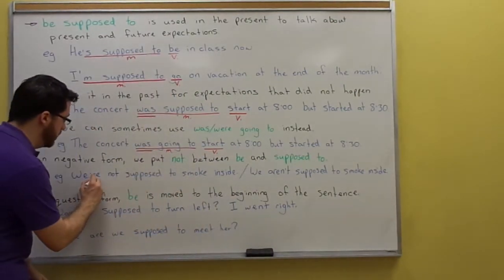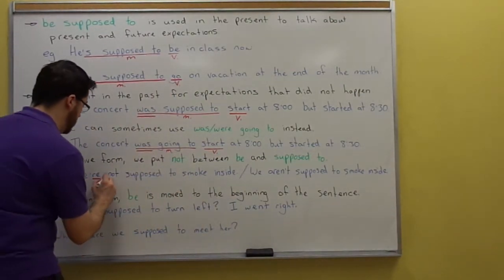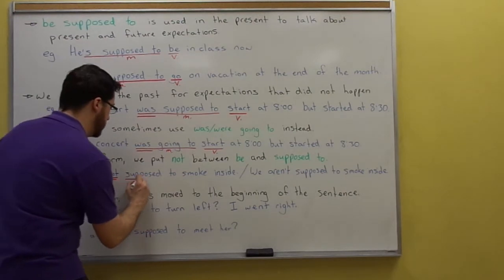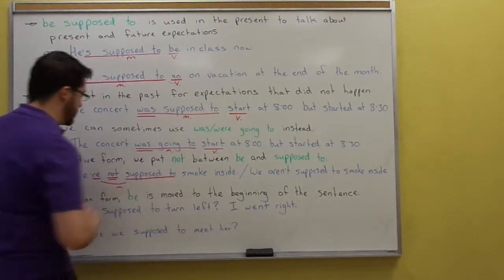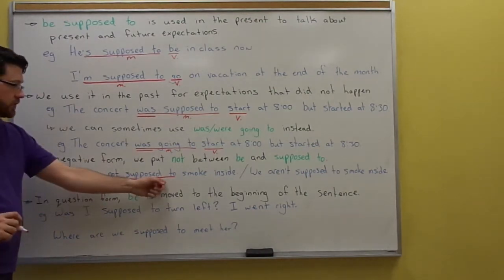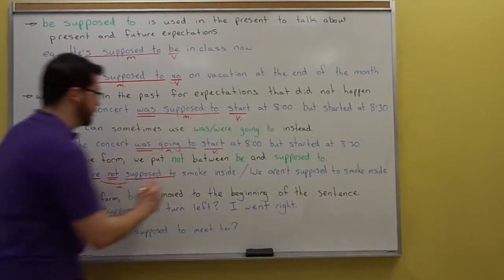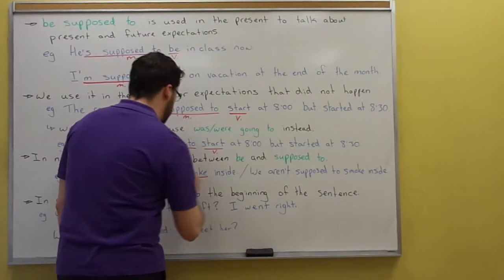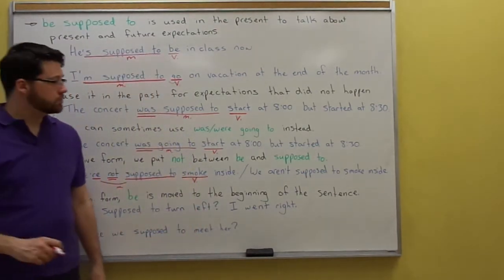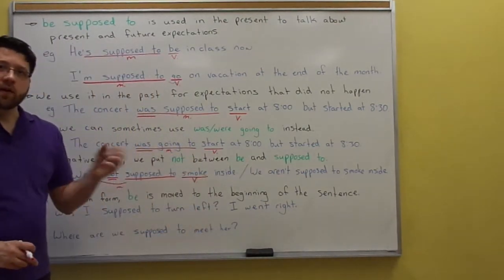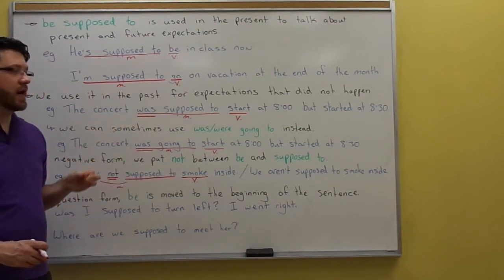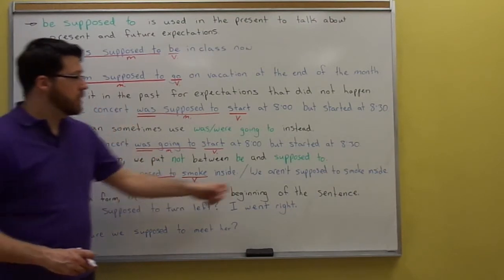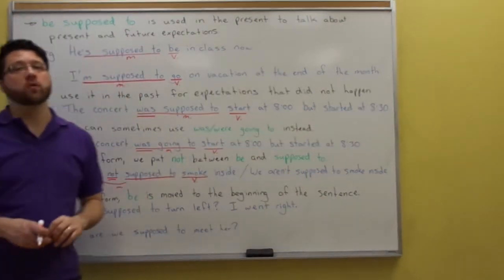And you'll see, be not supposed to is still our modal, and not is here. Smoke is our verb. Our second example is exactly the same, but what we've contracted is different. We aren't supposed to smoke inside.